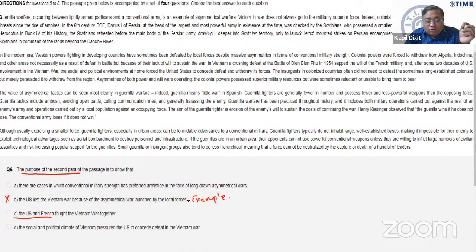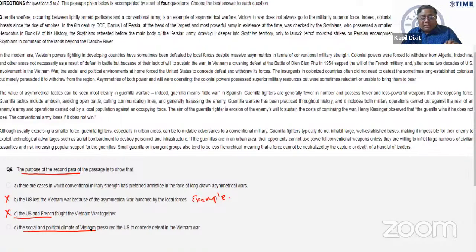It is not factually conclusive since the French had faced a crushing defeat. That is also wrong. The social and political climate of Vietnam pressured the US to concede defeat in the Vietnam War. How many of you marked D? It is not the social political climate of Vietnam.